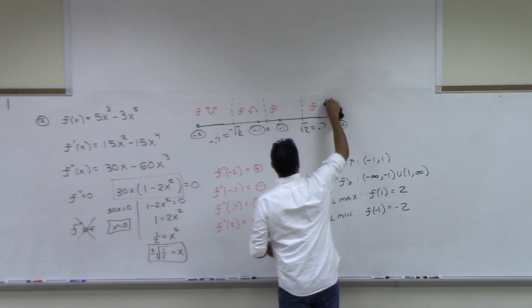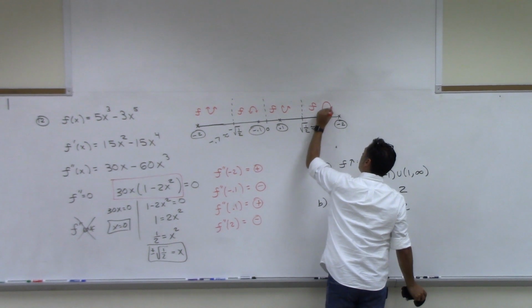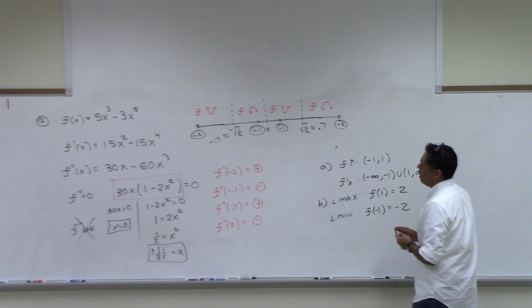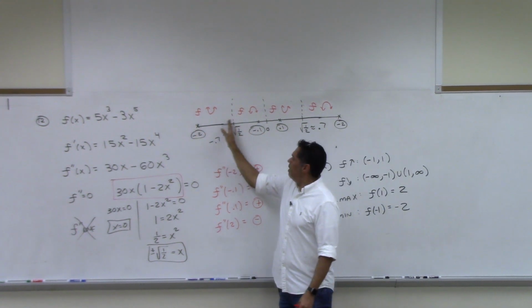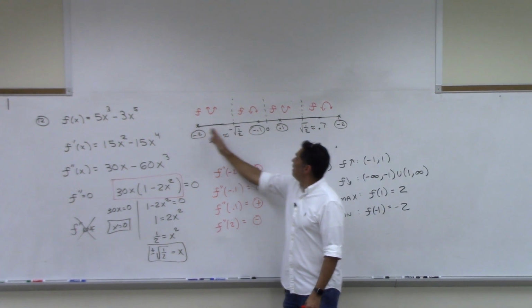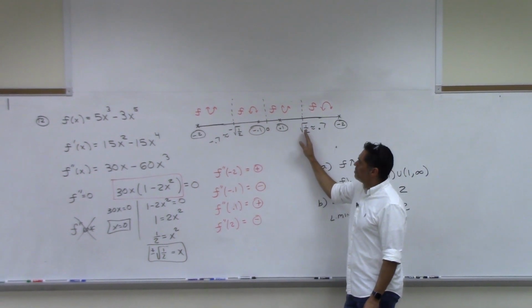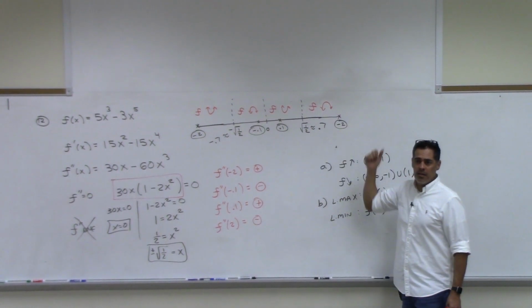It switches. Concave up, and then concave down. All right, so I'm going to stop here, but I'll just talk through the rest. So it's concave up to the left of negative root 1/2, union with 0 to positive root 1/2. And then it's concave down from here to here, and then from here to infinity.